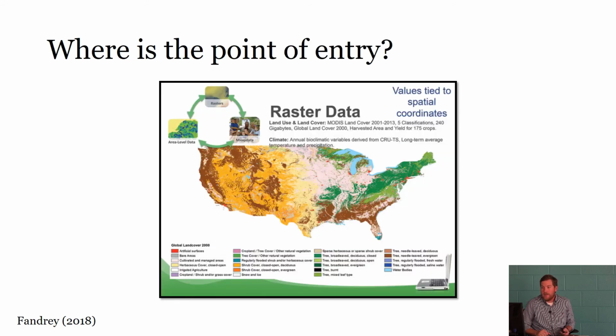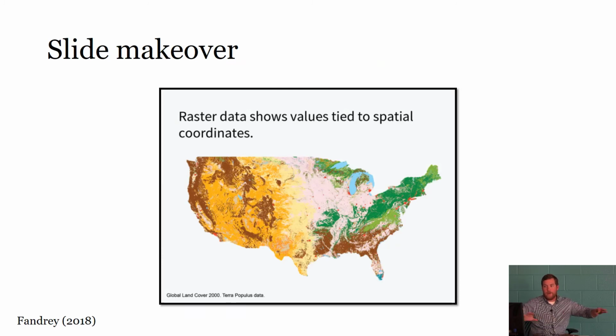Looking at the before and after, I don't need to know what all those colors are for. I know that there are some differences around the country. I don't need to necessarily know what those are. If it is very important for me to know, put them on a handout, hand it to me, I'll read it later. But during the presentation, this is all I need to know.